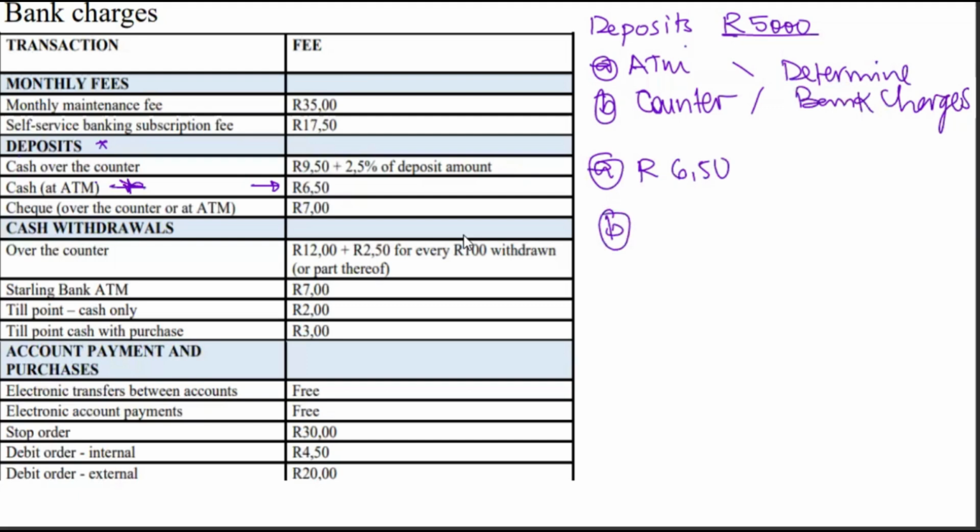What about at the counter? If the person deposits the money at the counter, first and foremost, they need to pay the 9 Rand 50 cents. You add on 2.5% of the money deposited. This is what it simply means. Please, you read through. I'm not saying that the table will look like this, but you can read the table and you find out.